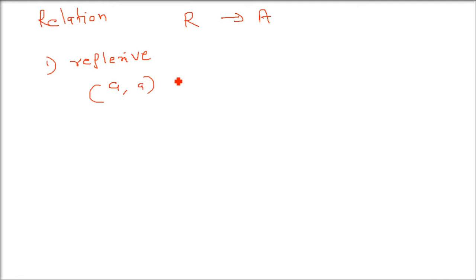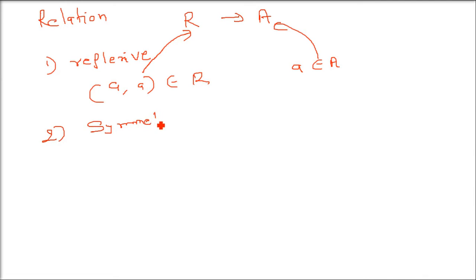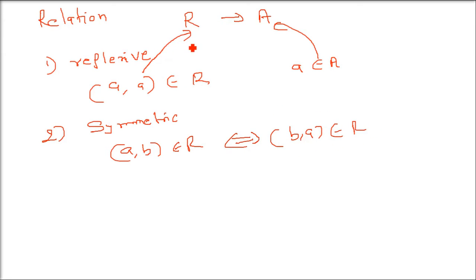If we are talking about a relation on a set A, then the ordered pair (a, a) should be in relation R. Second one we discussed was symmetric. If a is related to b, that is, the ordered pair (a, b) is in that relation, then (b, a) should also be there in that relation. This is symmetricity.